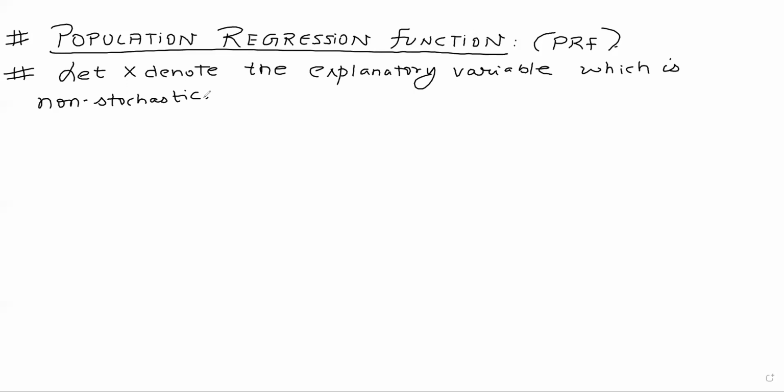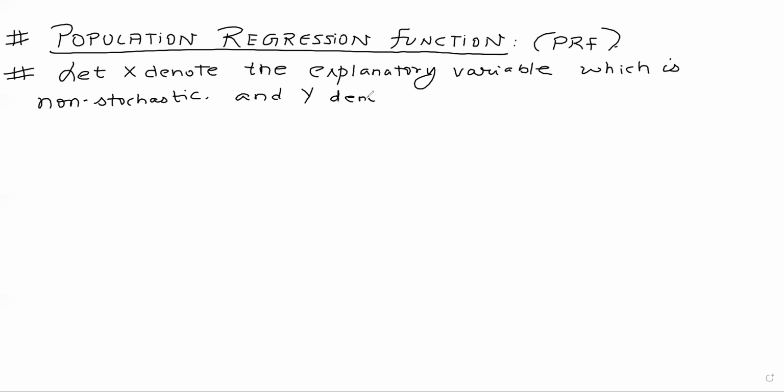If you have a variable which has a probability distribution attached to it, it is called a stochastic random variable. If you have a variable which is taking fixed values, it has no probability distribution attached to it. That is called a non-stochastic variable.